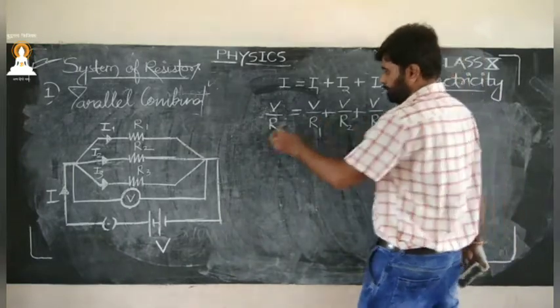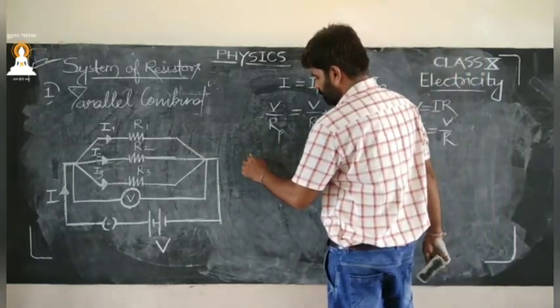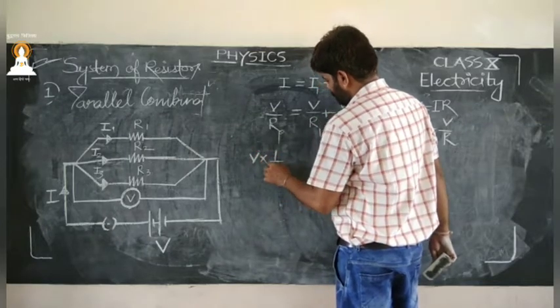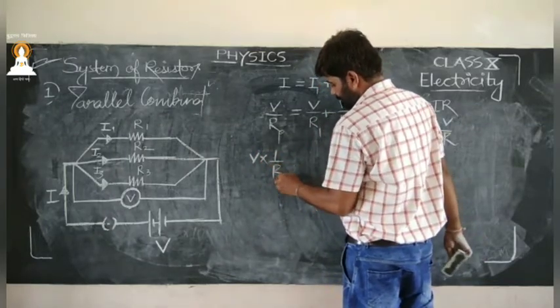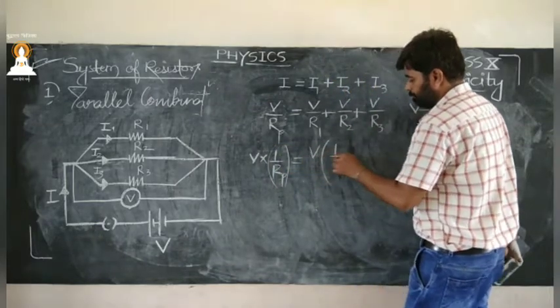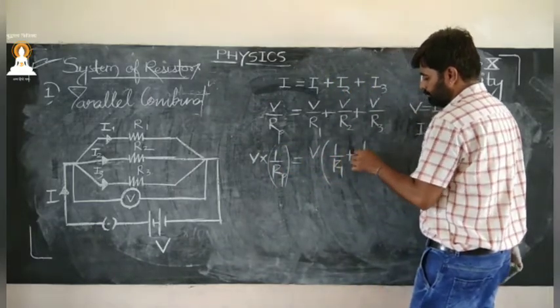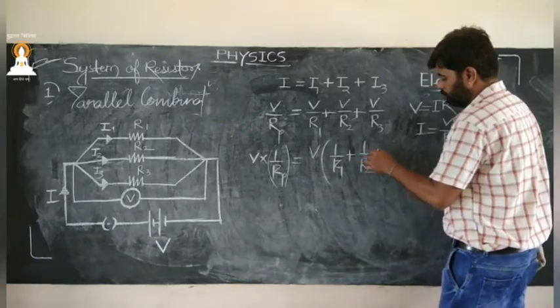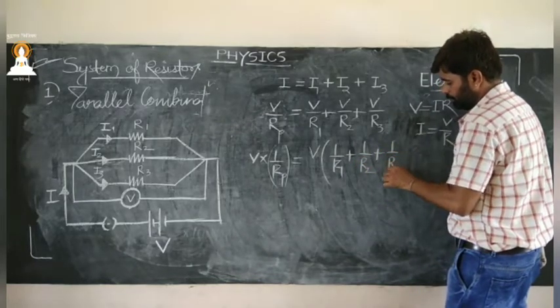Now let me take V common from the RHS, so I get V times 1 upon R1 plus 1 upon R2 plus 1 upon R3.